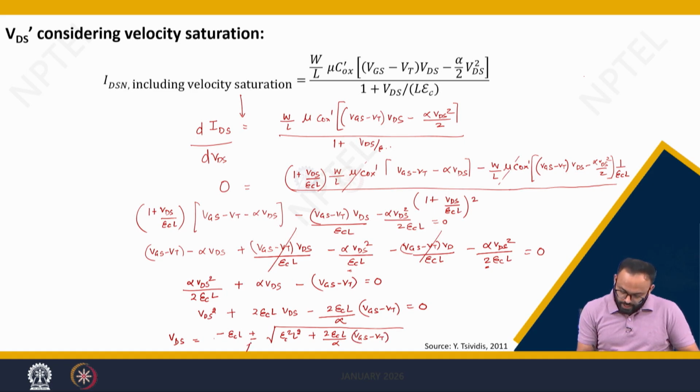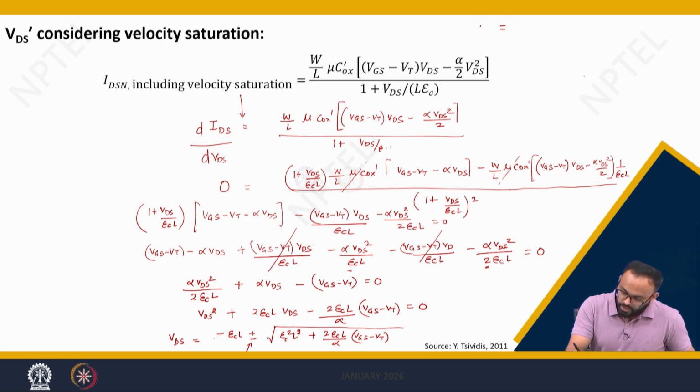Now, shall I take a positive sign or negative sign? Here I have to take positive sign, because if I take a negative sign, the VDS will become negative, and for NMOS, which we are considering here, the VDS cannot be negative, and hence we need to take a positive sign. So, here you take positive sign and take minus ECL out.